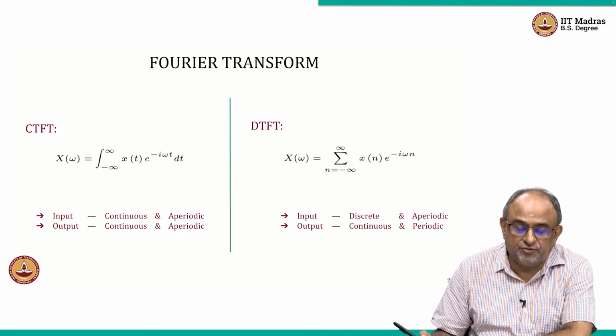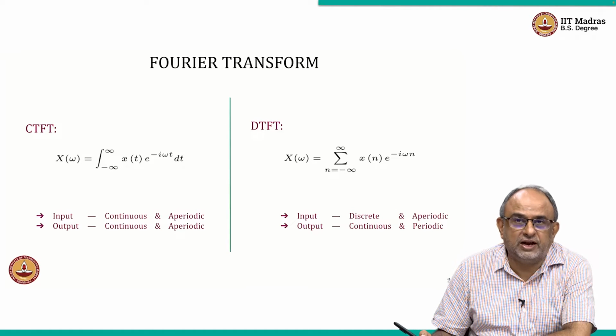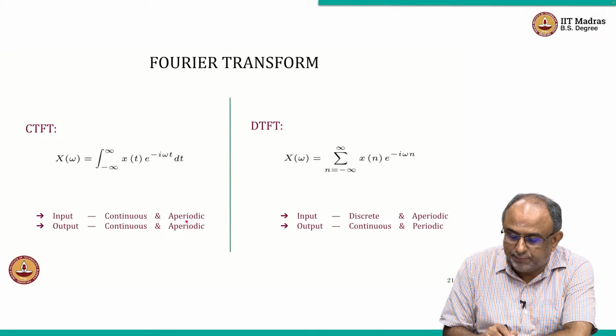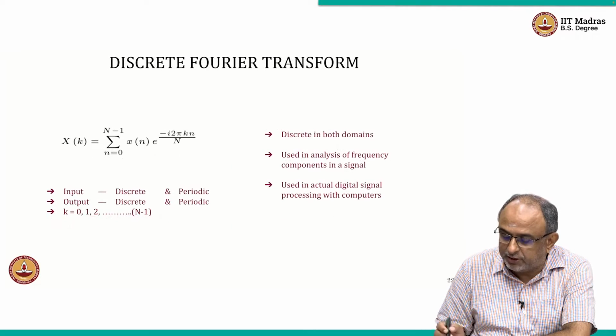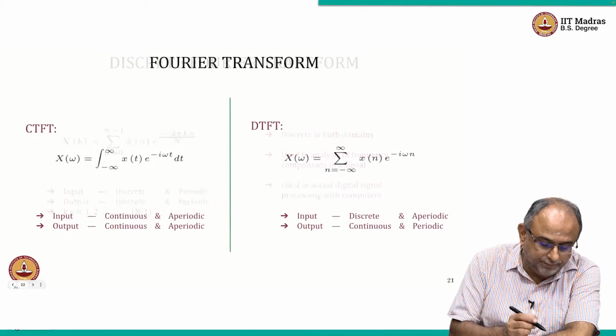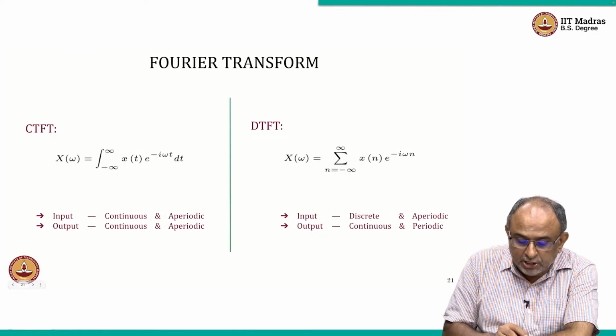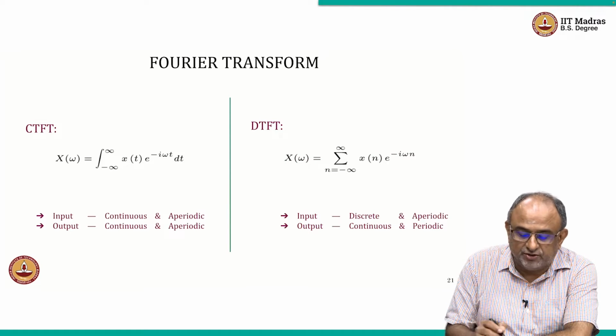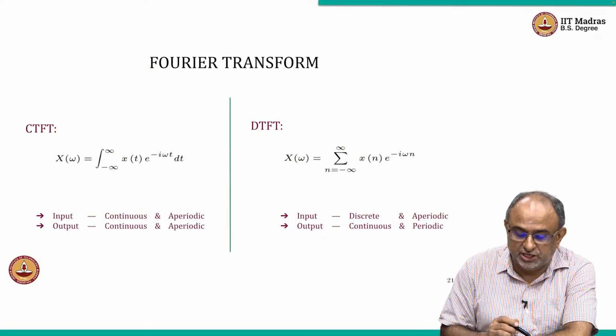Just like the first slide had discrete and continuous time but periodic, here we are going to deal with continuous time, aperiodic or discrete time, aperiodic. Sorry, let me just go back. So it's continuous time aperiodic or discrete time aperiodic. Whether it's continuous or discrete, that is the only thing that is going to change.